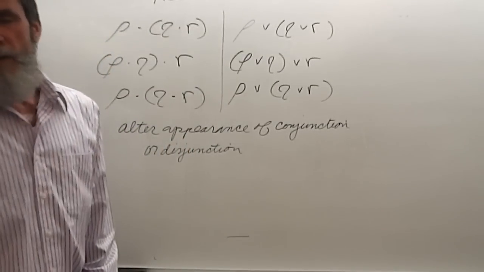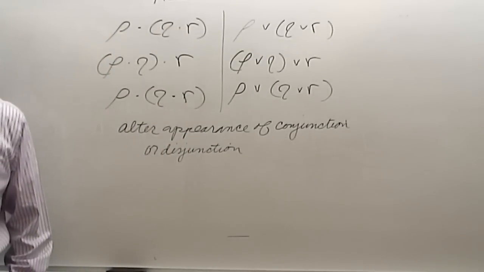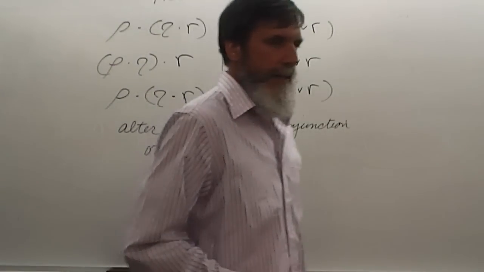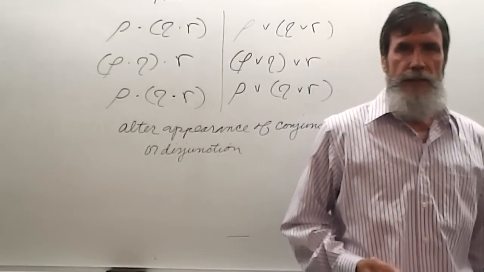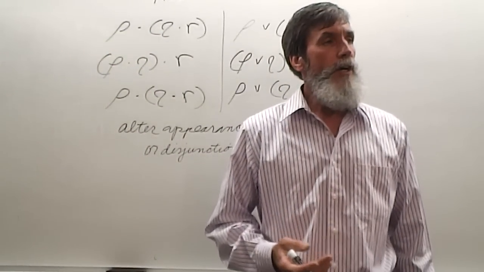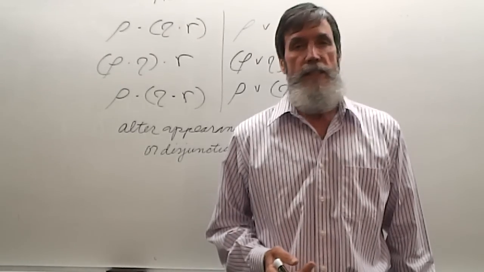And the reason we would most commonly want to do that is so that we can have the kind of dot or wedge, the kind of conjunction or disjunction that we need for simplification or disjunctive syllogism.